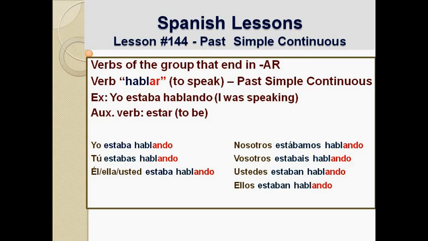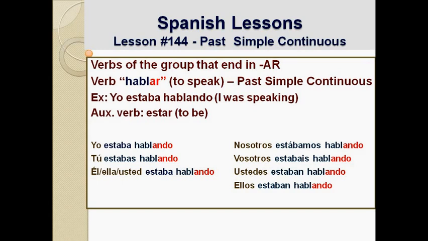If we want to conjugate the verb caminar, that means to walk, we strip out the ending ar and we have camin. And that's what we put in instead of the root of this verb. All the rest remains the same, and there we have the conjugation of any verb we want.